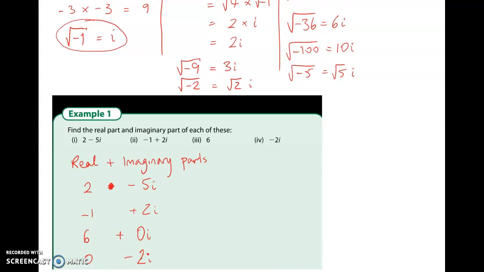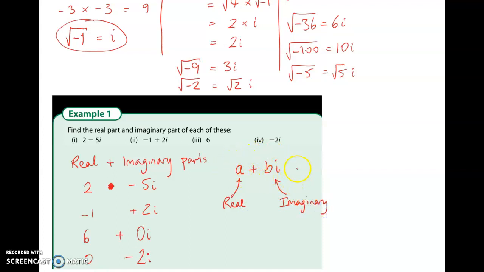Now, just in terms of exam speak, you'll often see what they'll say is, write your number in the form of a plus bi. So all they're saying is whatever that number there is, that's your real part, okay? And whatever this bit here is, this is your imaginary part, okay?